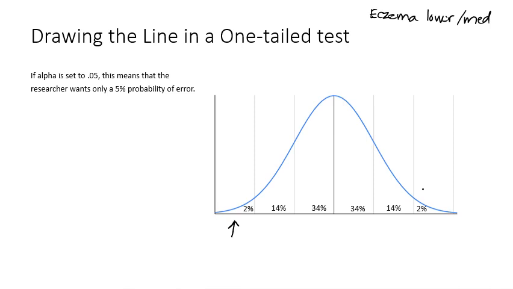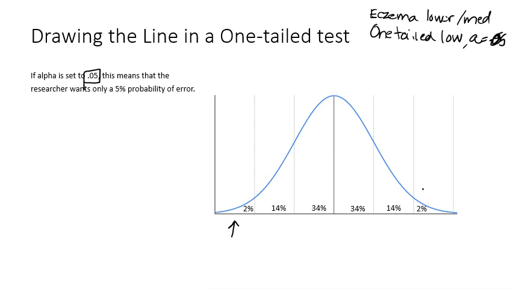And the researcher set alpha to 0.05. So we have a one-tailed low test with alpha equal to 0.05. The researcher wants only a 5% chance of making a mistake. So once again, we know certain things about the distribution.